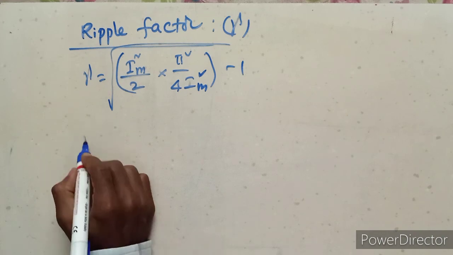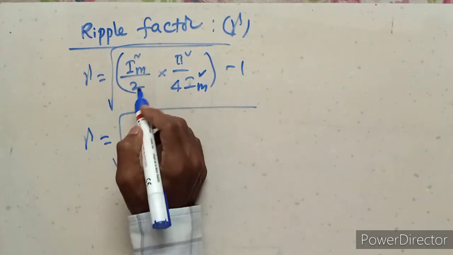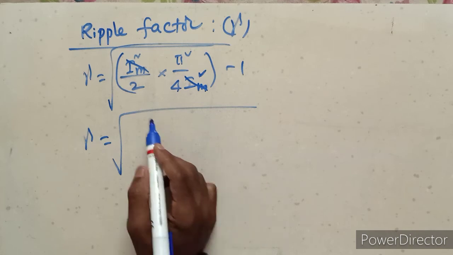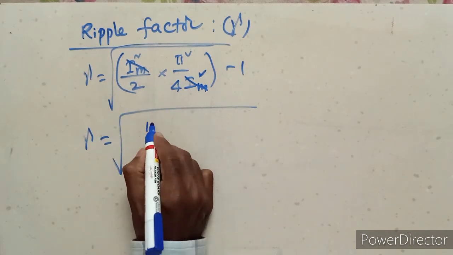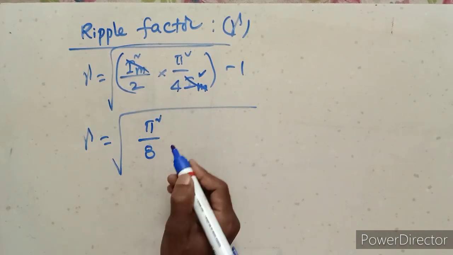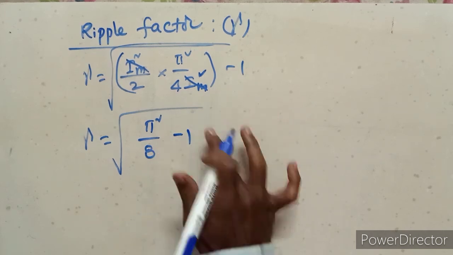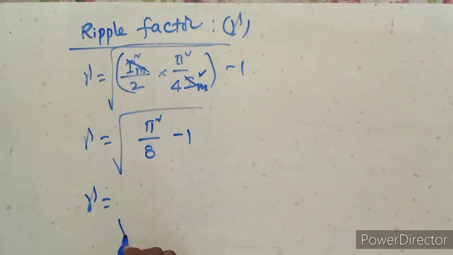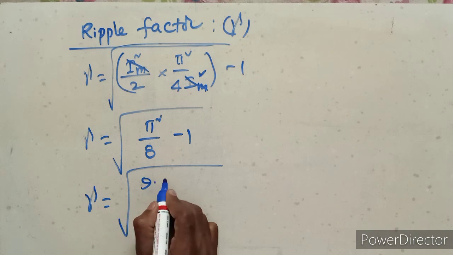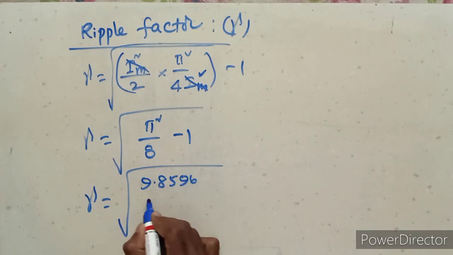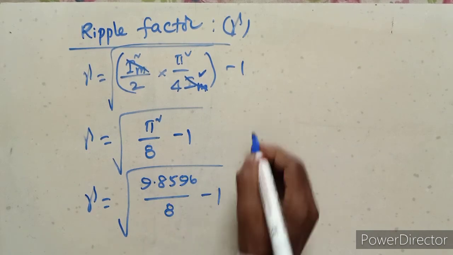So eta equals under root, I square m cancels, 4 twos are 8, pi square upon 8 minus 1. Pi square is 9.8596 upon 8 minus 1.